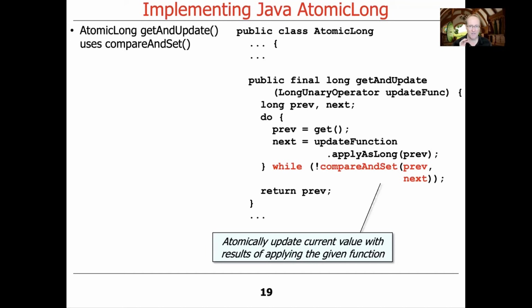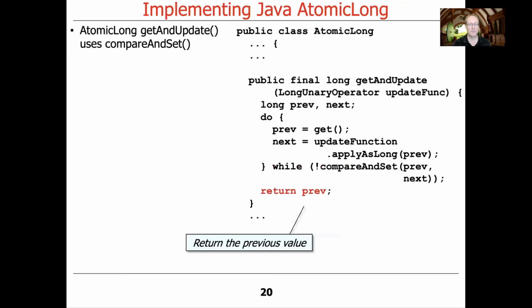And again, if it succeeds, we've atomically updated the contents of the AtomicLong by calling a function to take the existing value and then update it according to what we're trying to modify it to be. And when we're done, we return the previous value so you can see if we made any change. And this will keep looping until it is successful.